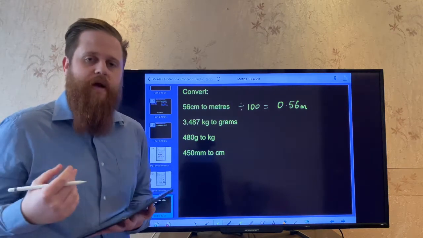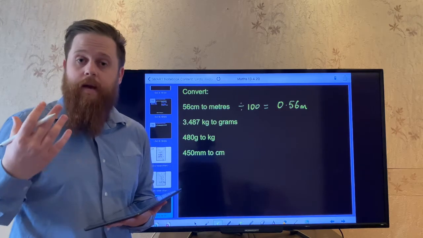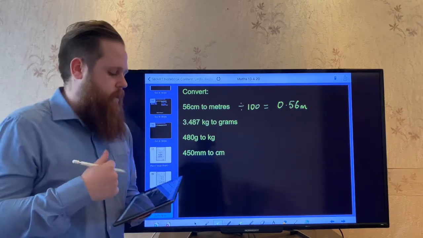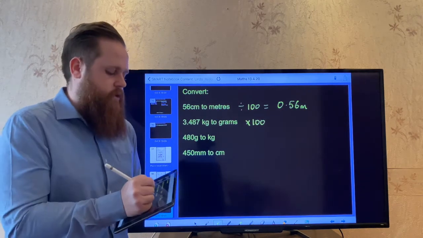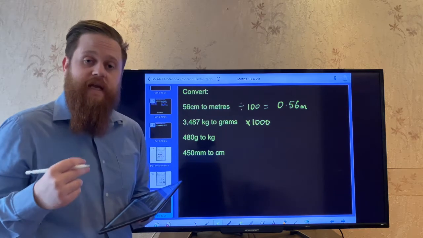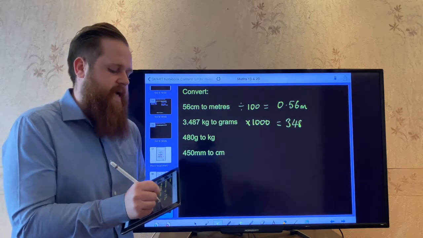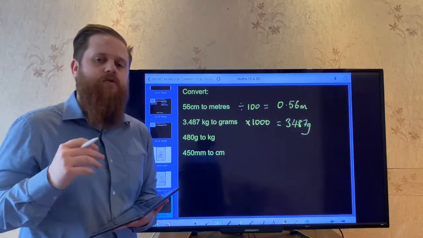3.487 kilograms to grams. This one, I'm going to be multiplying by 1,000 because there's 1,000 grams in a kilogram. So this one here, I'm going to multiply by 1,000, which is going to equal 3,487 grams. Okay, 480 grams to kilograms.